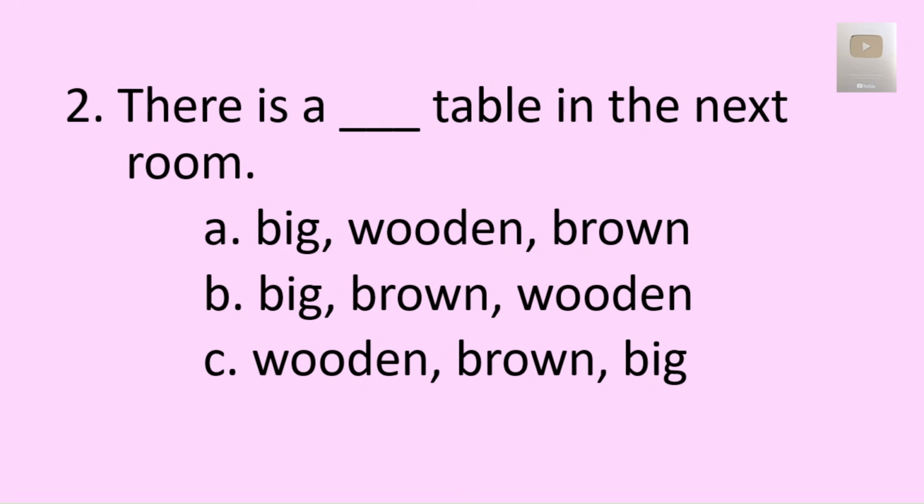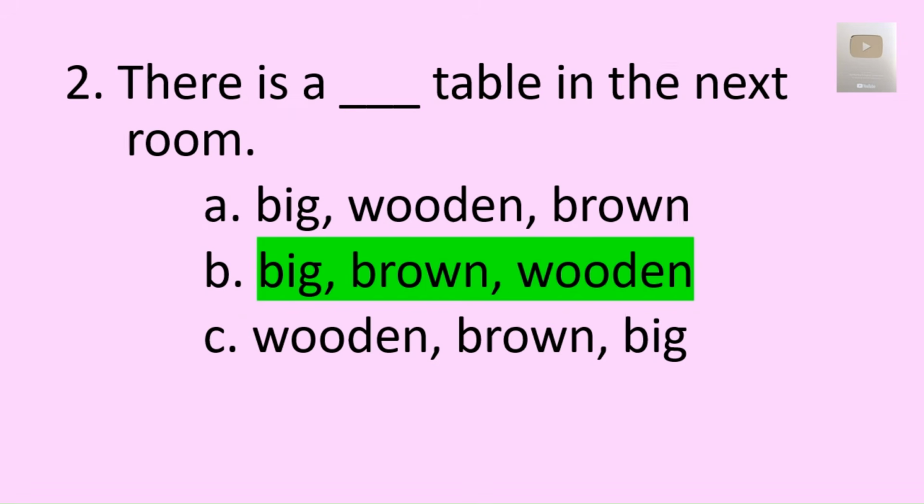You have to choose which is the right order for using these adjectives. First, A is big wooden brown. B is big brown wooden. C is wooden brown big. So you have to tell me which is the correct order of adjectives to be used for the noun table.